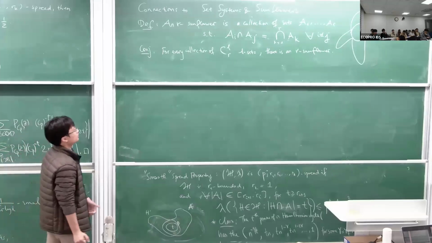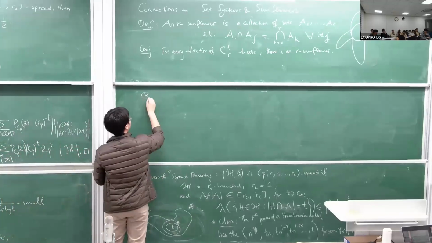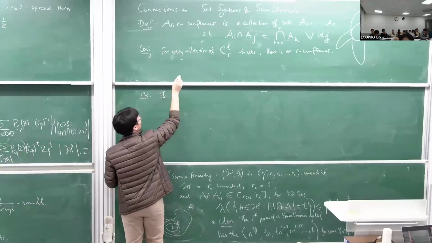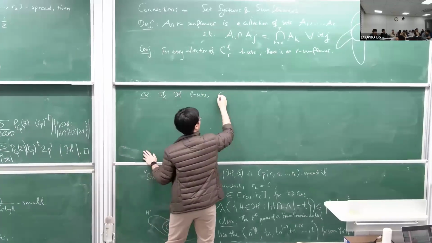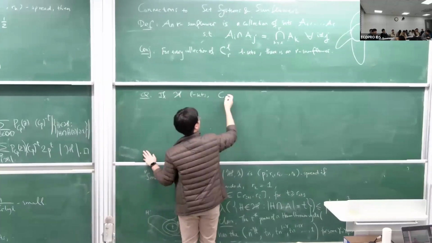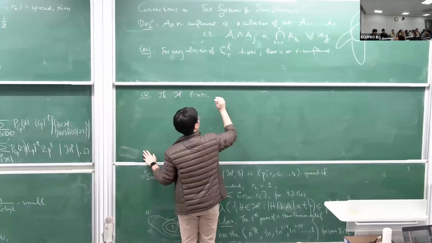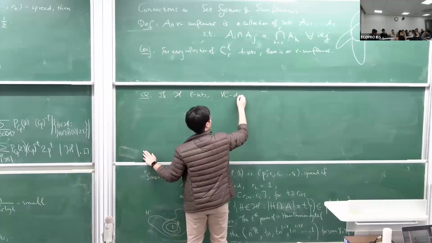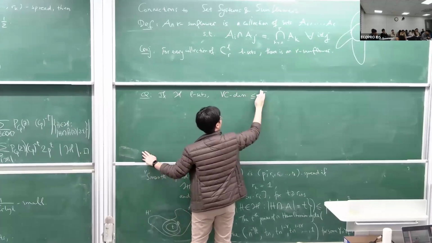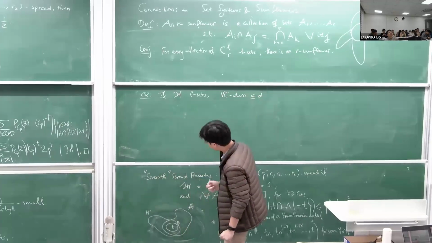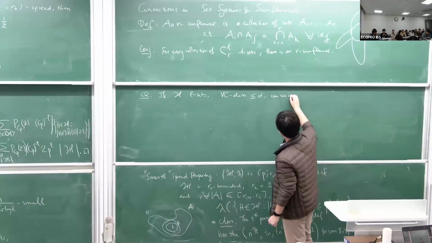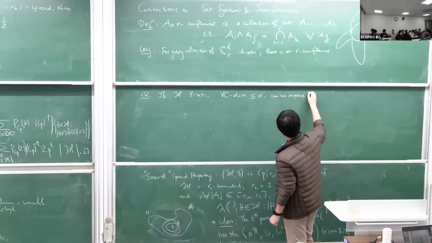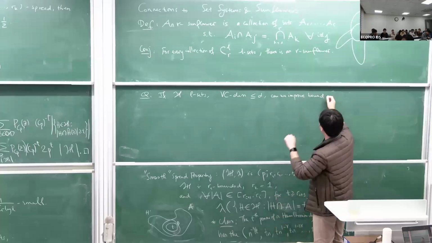There's one question, which is: if you have a collection H of L-sets with some large number of sets, and also with the condition that the VC dimension of this family is bounded, then can we improve the bound for the sunflower conjecture?